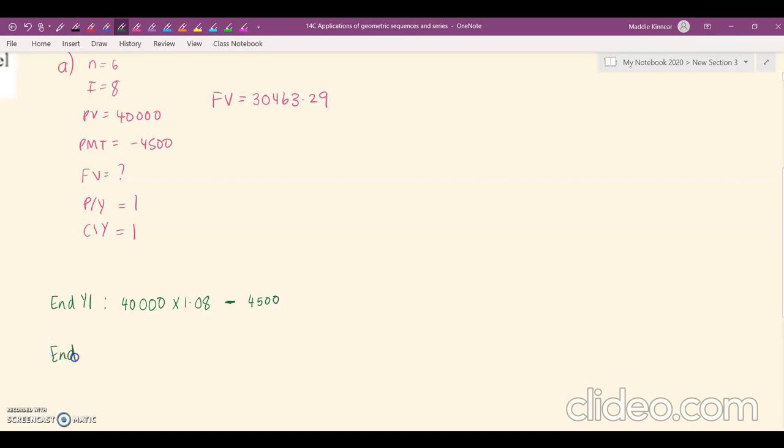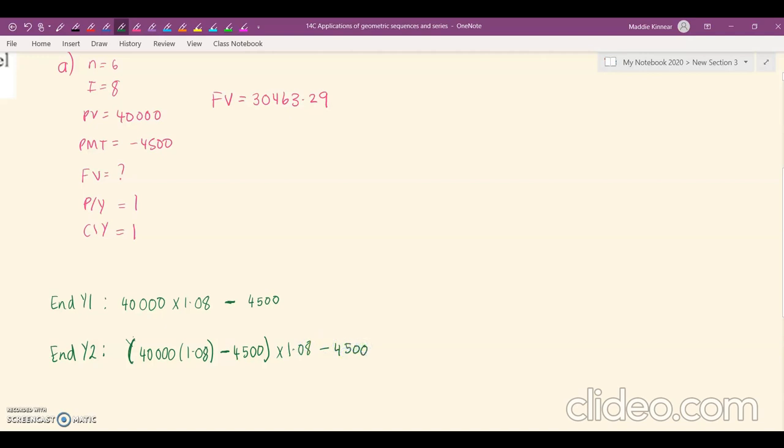At the end of year two, we're then going to have a situation where we have our end of year one amount. So that would be our 40,000 times our 1.08 and subtracting our first repayment. And at the end of year two, that value we had, we're going to apply the interest rate to that of 1.08, and then we're also going to pay off another chunk of this.